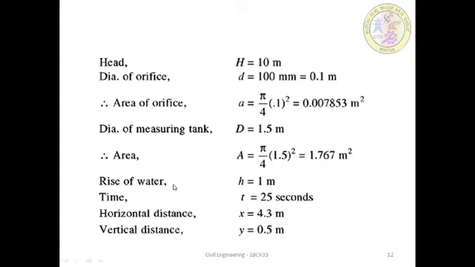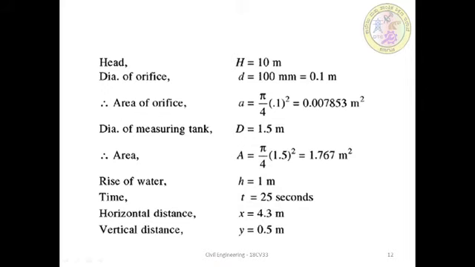At the same time we have noticed that the water in the measuring tank rises by 1 meter in 25 seconds. So the height of the rise is 1 meter, and for that it took 25 seconds. So definitely we can find the quantum of discharge.